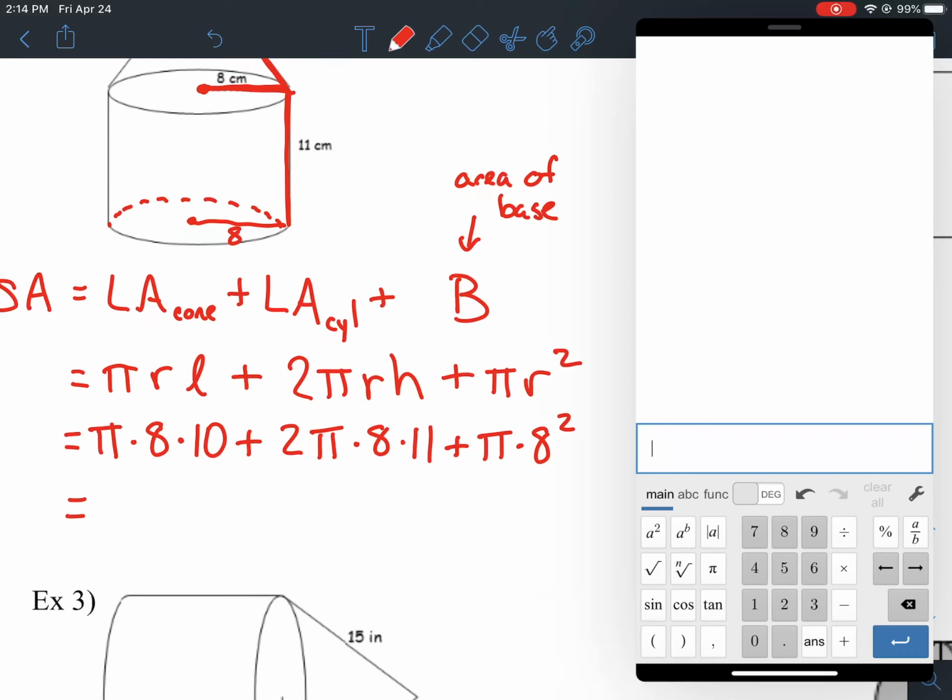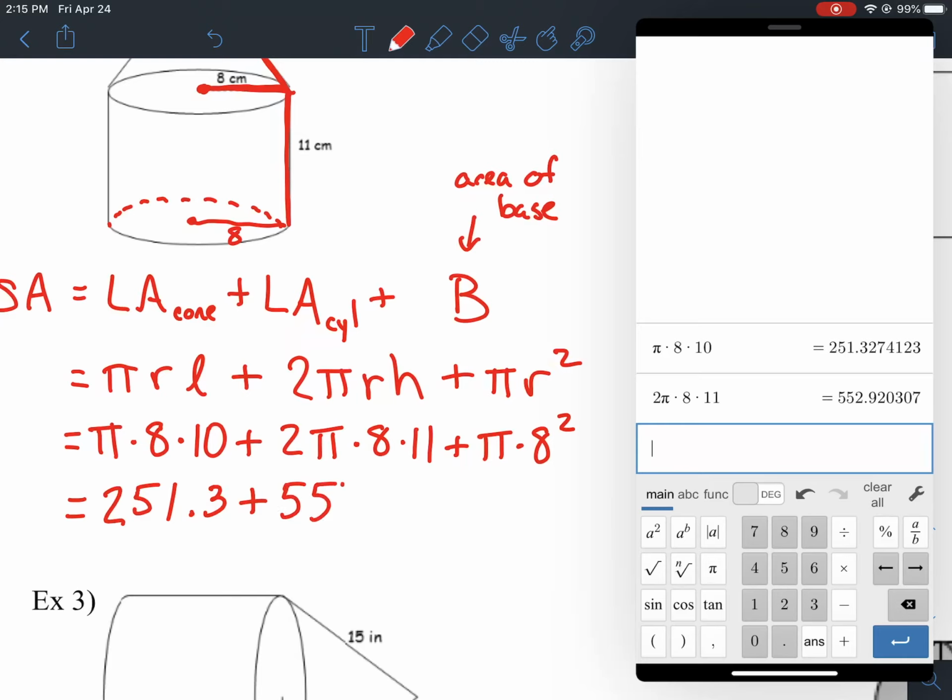We can do pi times 8 times 10, and that gives us 251.3, plus 2 pi times 8 times 11, 552.9, plus pi times 8 squared, 201.1.